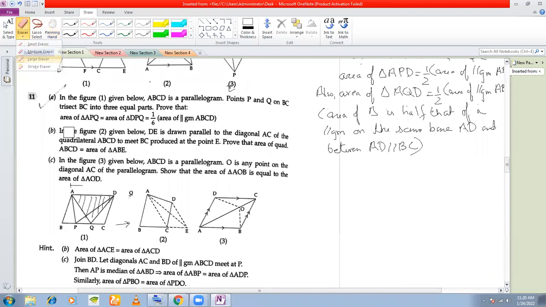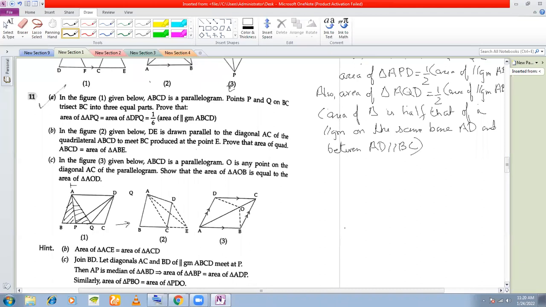Okay, next what we realize is, consider this triangle. Can we say that the area of this triangle and the area of this triangle are equal? Yes, sir, it is equal because BP is equal to PQ.